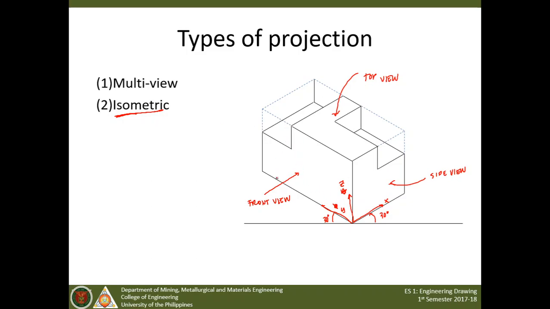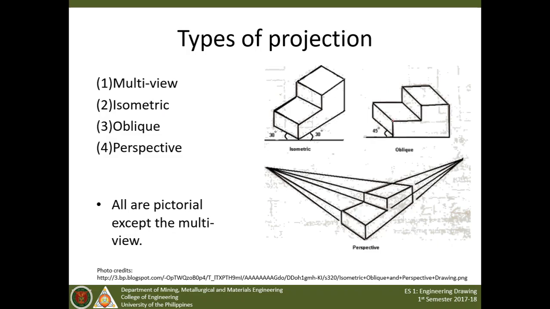And notice that in isometric views, all parallel lines appear parallel, and there is no vanishing point, unlike your perspective view. These are the other types of projections.